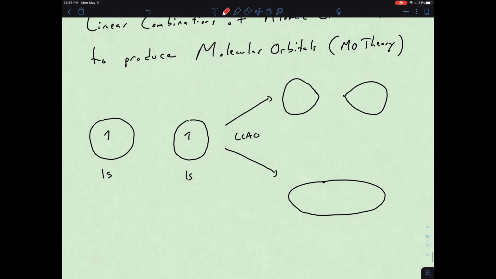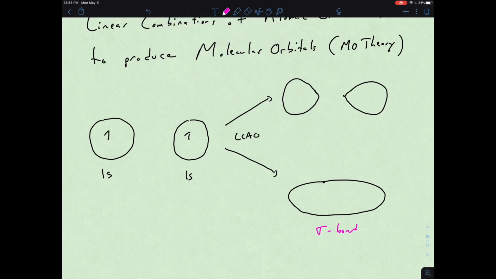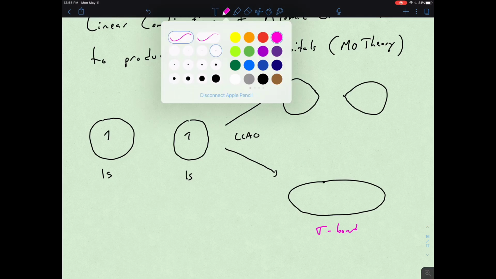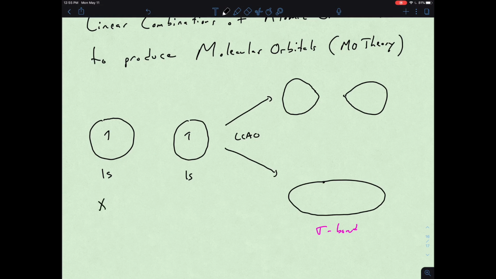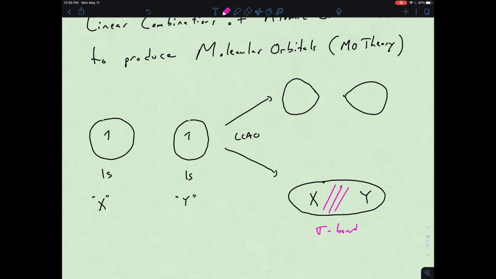We have our sigma bond, and if this is in terms of element X and element Y, we would have good overlap of those two orbitals, like X here and Y there, and good overlap in between.